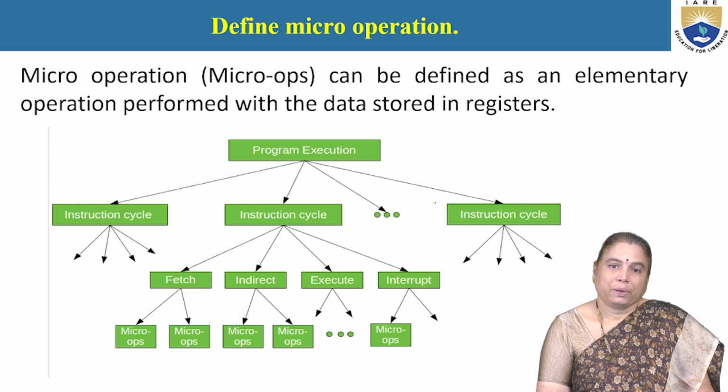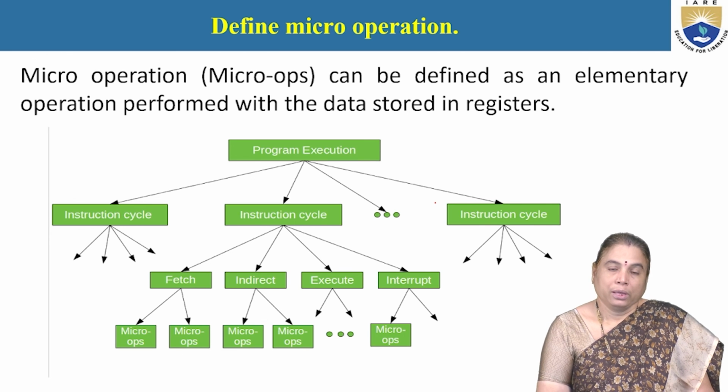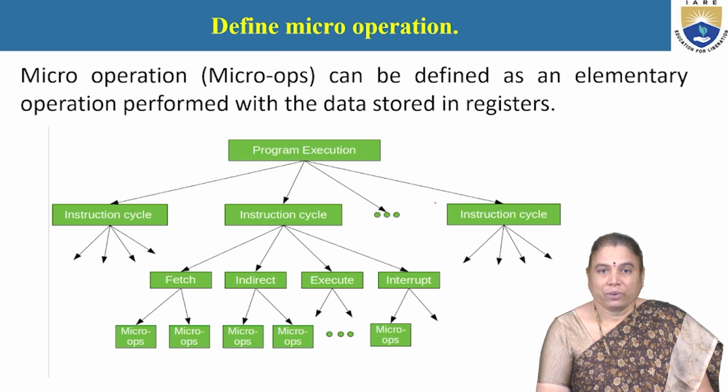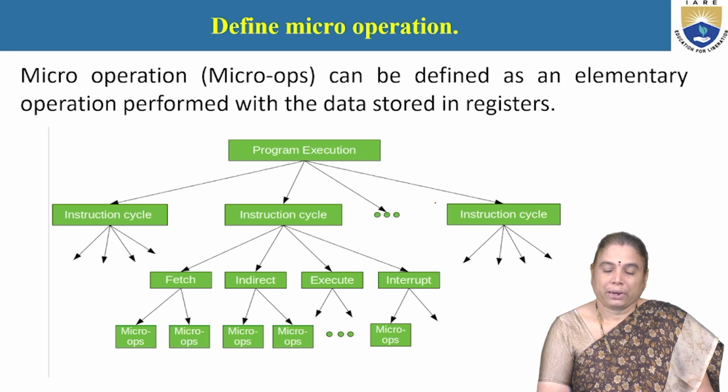Define micro operation. In the control memory of the computer, microprograms can be stored. The instructions can be fetched during the instruction cycle from this control memory. The microprogram is a collection of micro instructions. The micro instruction is of 2 parts, the opcode and the address.